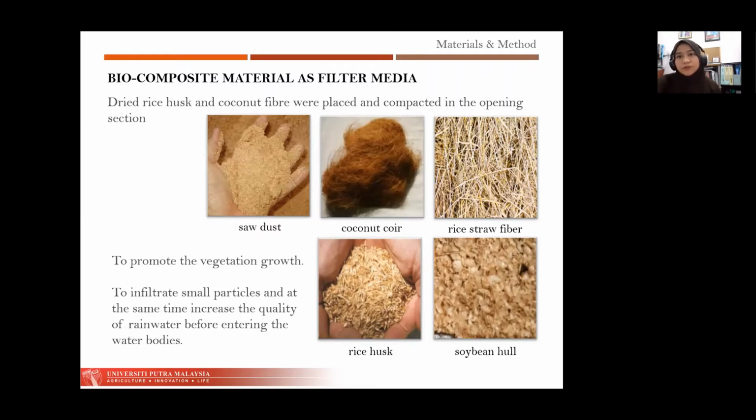All those non-wood media are washed with tap water, rinsed thoroughly, and then dried. Another waste material used was sawdust. It was first dried and compacted before being embedded in the brick opening. This slide shows the different types of biocomposite materials used in our study.